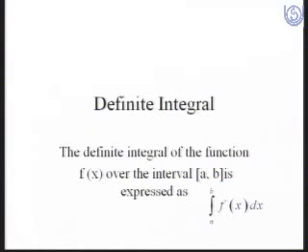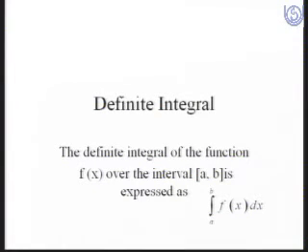A and b both are of course included, it's not an open interval, therefore we have these square brackets. In an interval a to b, within this interval f(x) has changed, x has gone from f(a) and then has gone to f(b), but what is the total change?